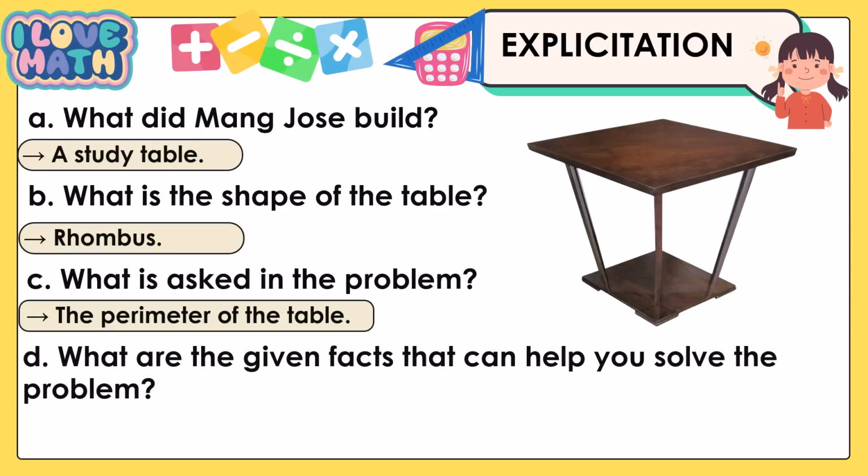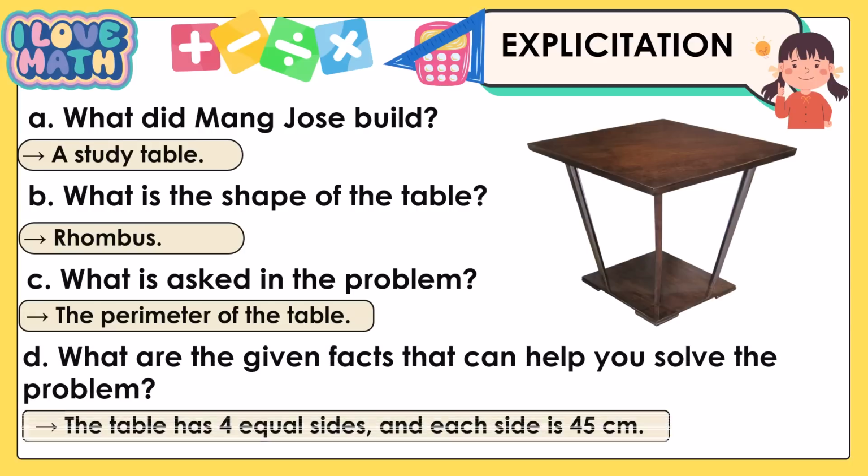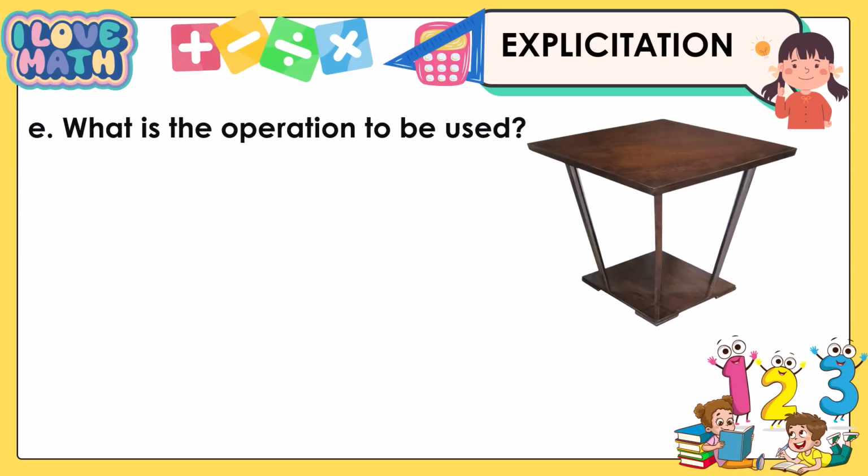D. What are the given facts that can help you solve the problem? The answer, the table has 4 equal sides and each side is 45 centimeters. E. What is the operation to be used?